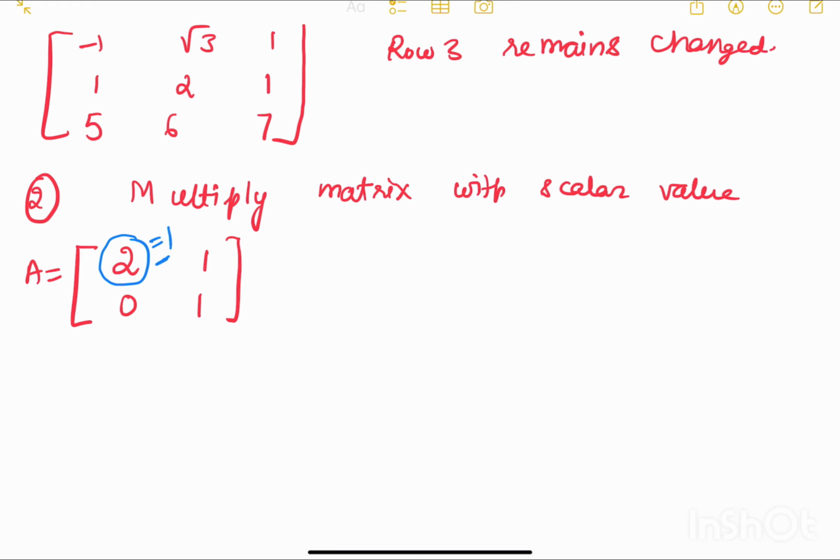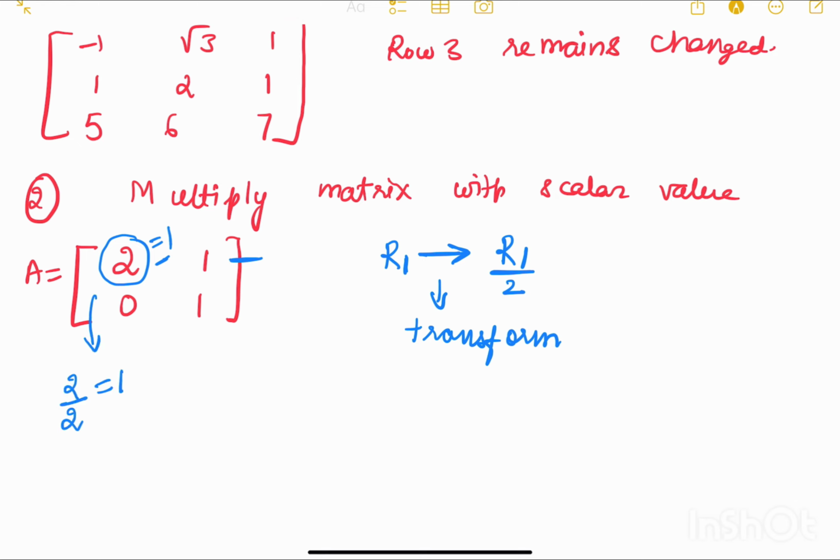So what I can do is that again, I will start with what I'm considering. I'm considering my first row because I want to deal with my first row. This arrow denotes that I want to transform my row 1 in such a way that I'm dividing my row 1 by 2, isn't it? Because how can this value be 1? If I divide my 2 by 2, this will give me 1.